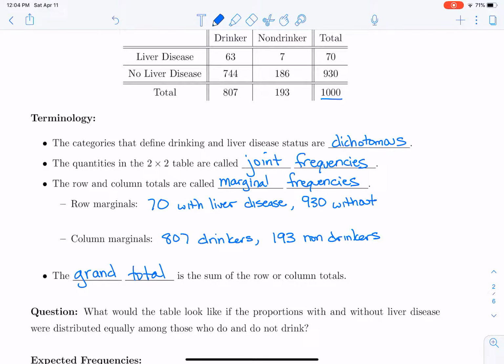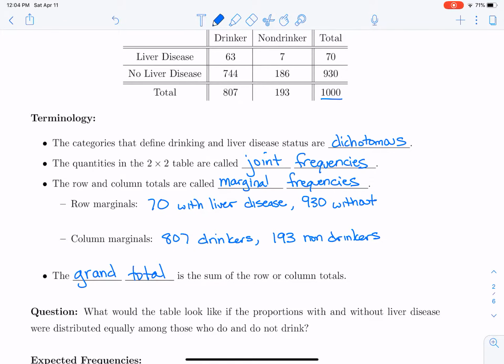So the question we want to answer to start is, what would the table look like if the proportions with and without liver disease were equally distributed amongst those who do and do not drink? So what would the null hypothesis table look like?